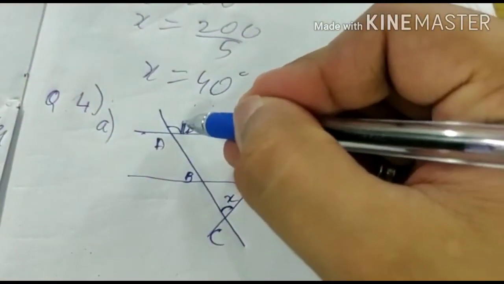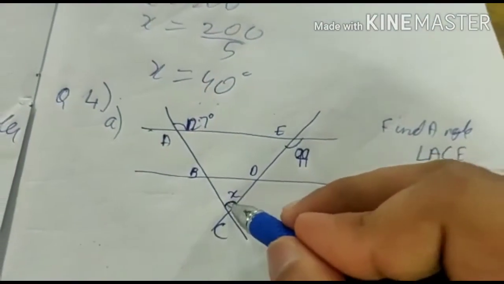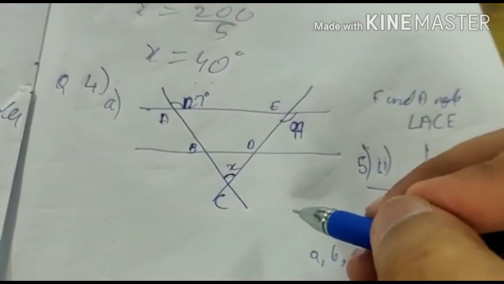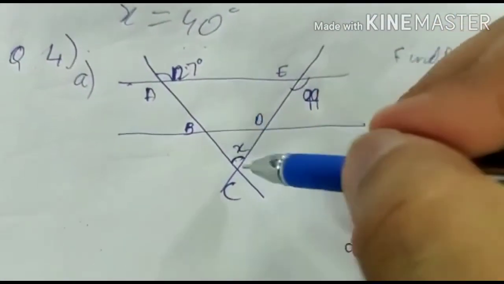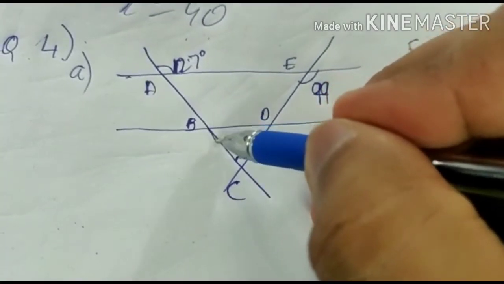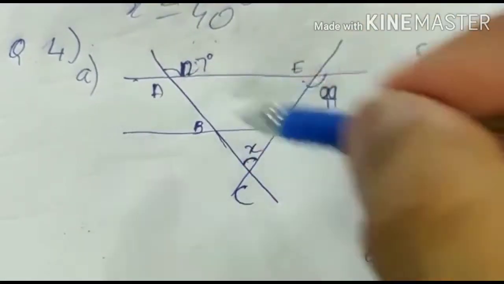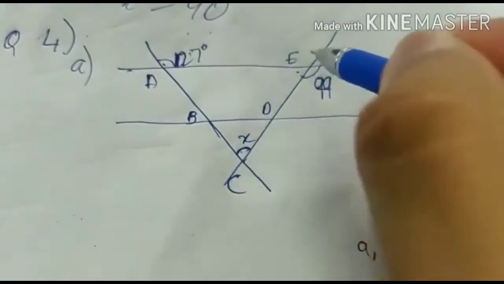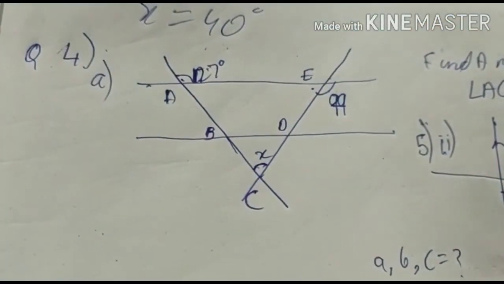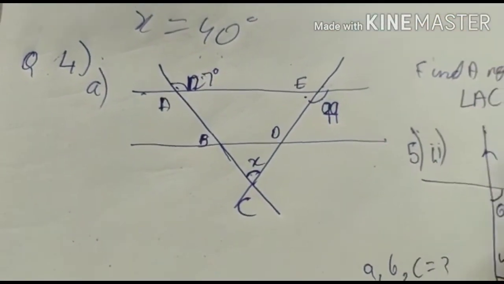Okay, so we need to find this x. If we see here, angle x is a part of this triangle, this and ACE. Okay, we will start here.